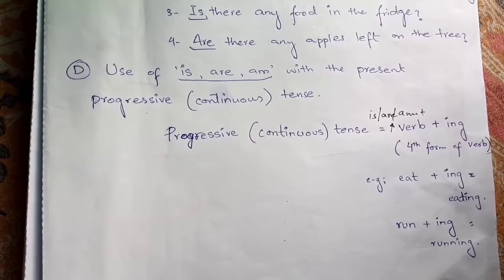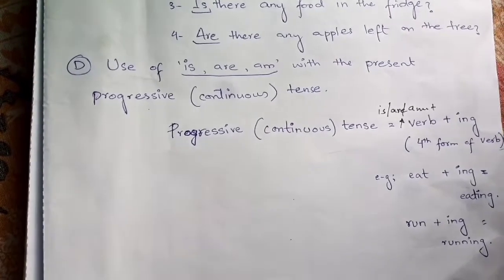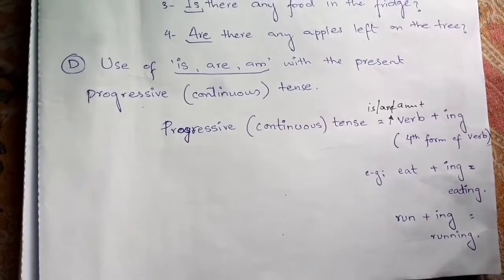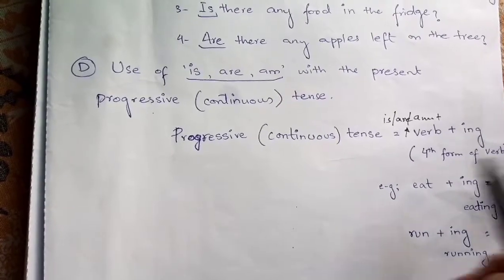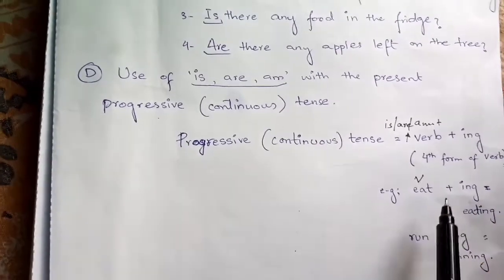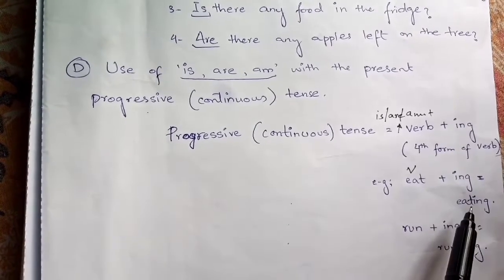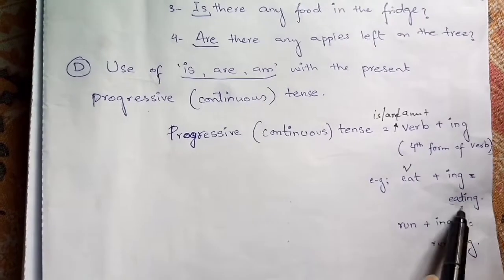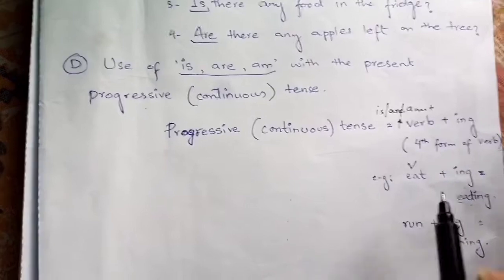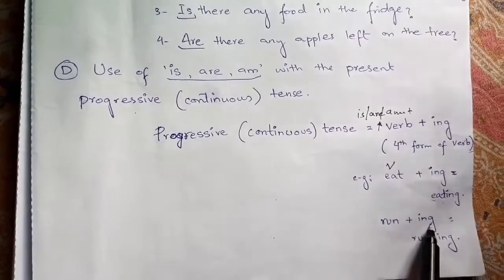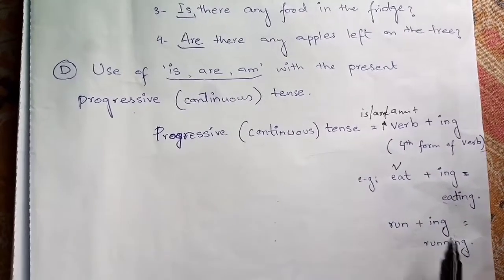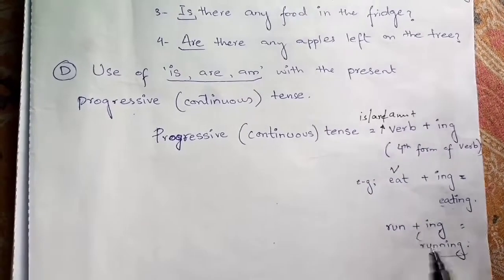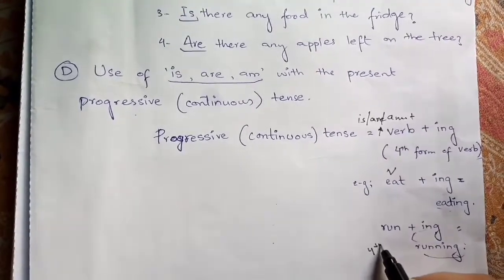A verb containing ing is called the fourth form of verb. For instance, eat is a verb, plus ing is equal to eating. This is the fourth form of verb. Run plus ing, running. This is the fourth form of verb.